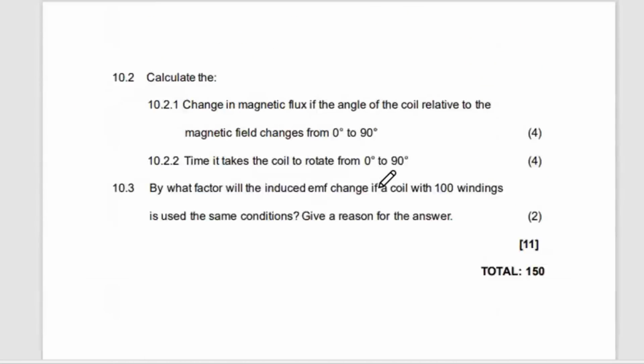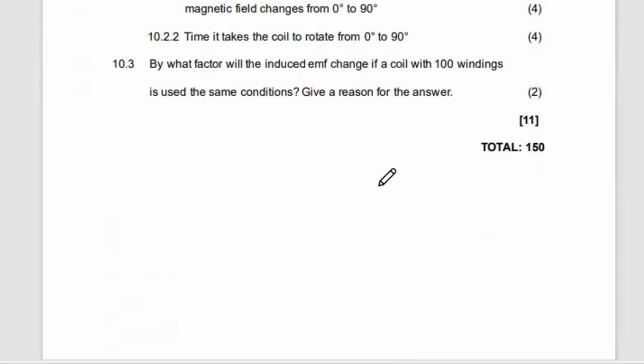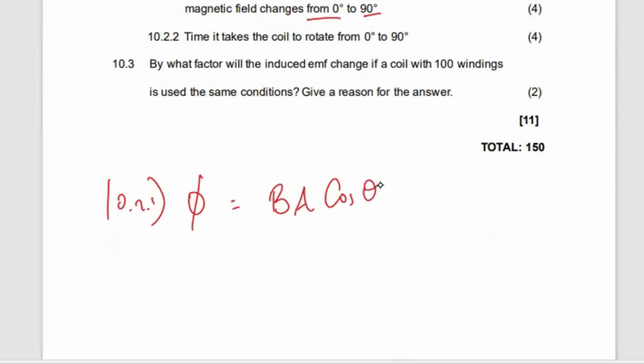All right, then 10.2.1, they want us to calculate the change in the magnetic flux if the angle of the coil relative to the magnetic field goes from 0 up until 90. So the flux will be given as B multiplied by the area and then the cos of theta.